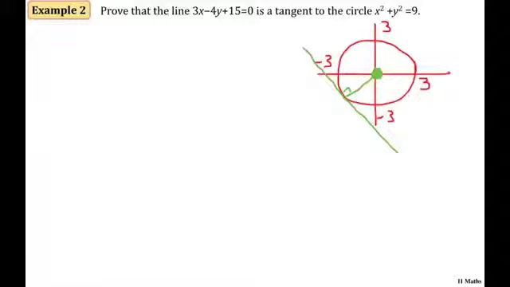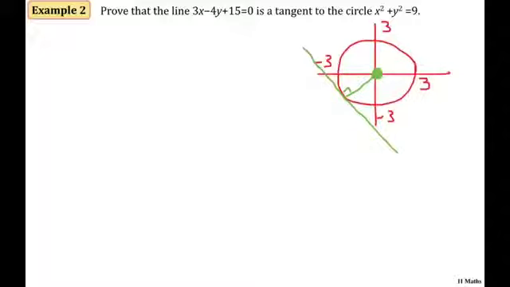If that distance is 3, which is the radius of the circle, then that line is a tangent. If the distance is not 3, then it's not the radius of the circle, it's not a tangent. So let's actually try doing that and see what we can generate.